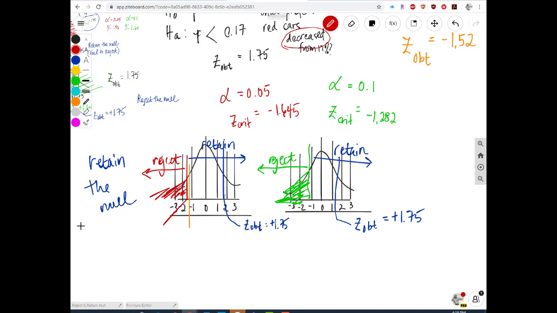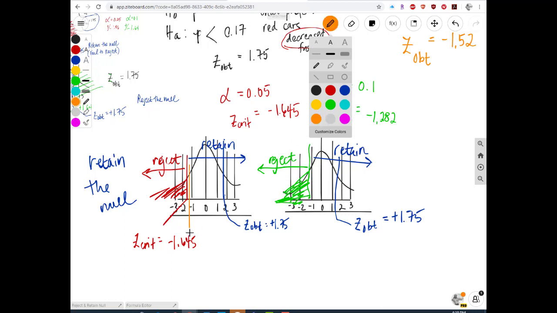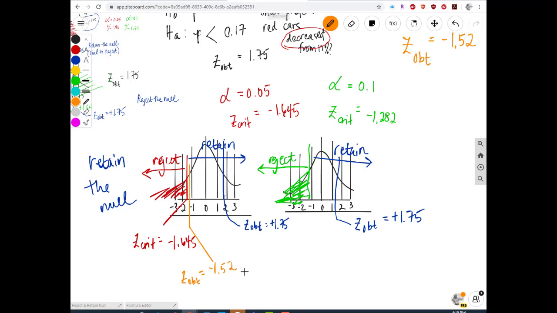That line right there that we had matched, that was for my Z crit of a 5% alpha, which is negative 1.645 for a left one-tailed test. And my Z obtained that I used in my little orange example here was negative 1.52. So in this situation, had my Z obtained been this, then I would still retain because it's close, but it's not past the Z crit into the area of rejection.